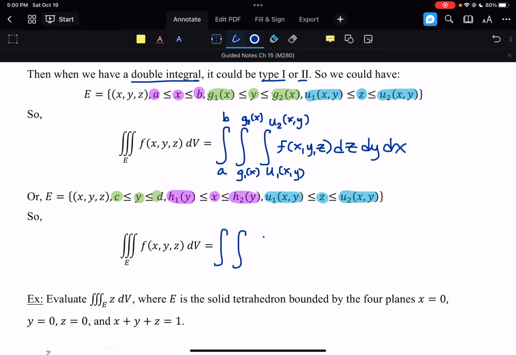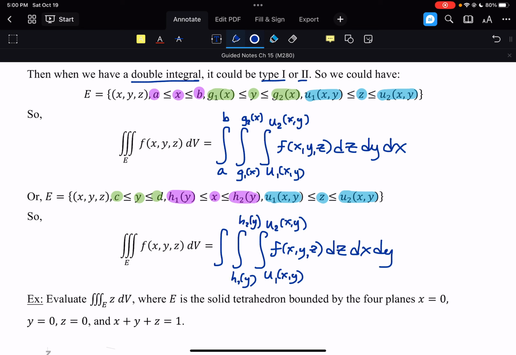So that would give us dz, dx dy. Z is still going from u1 to u2. Dx is going from h1 of y to h2 of y, and y is going from c to d.